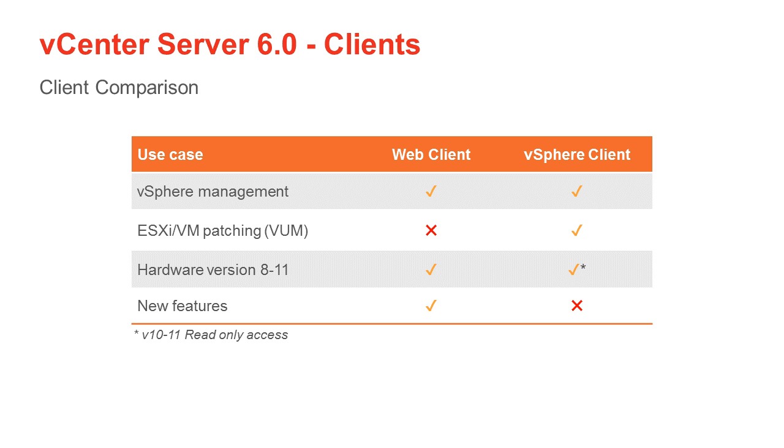The web client can do almost everything that the thick client can. We still need the thick client for doing patching using Update Manager. However, any of our new features, anything that has to do with hardware versions 8 through 10, anything basically from 5.5 and later, all of those new features are only going to be available and exposed in the web client.